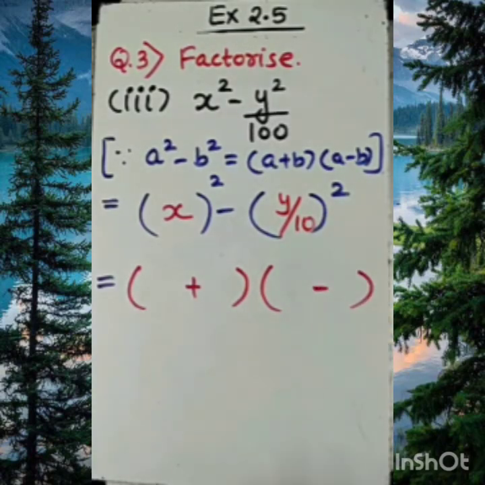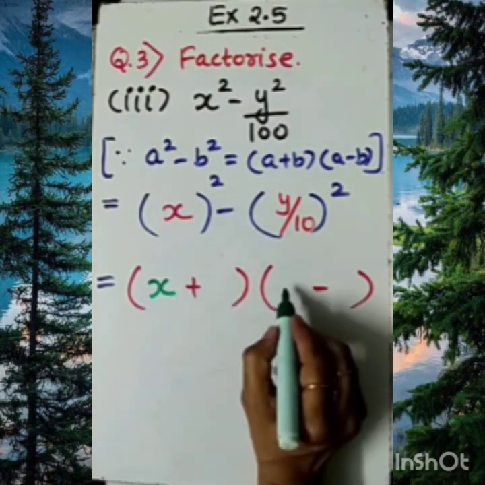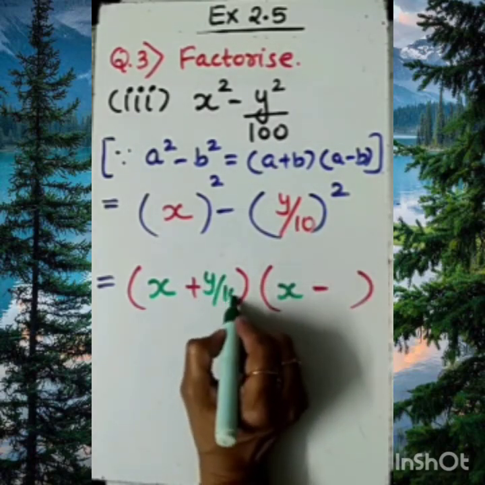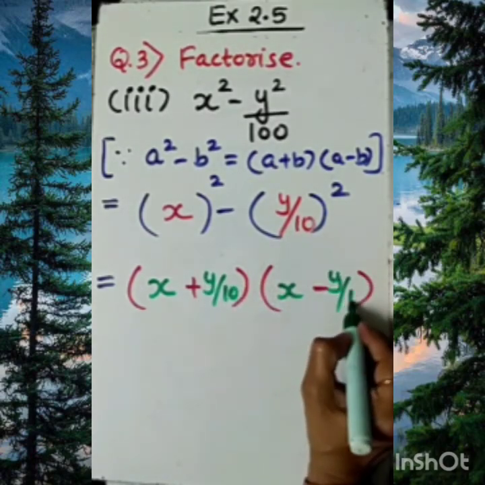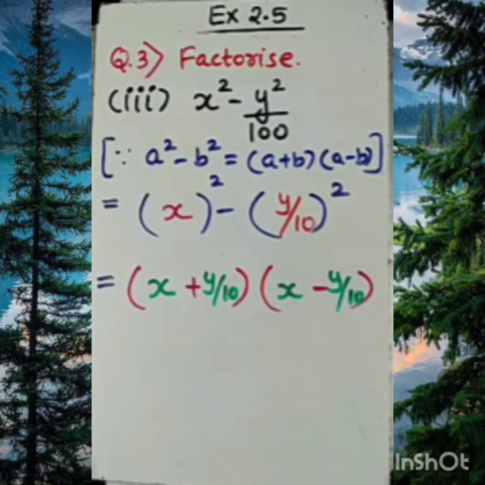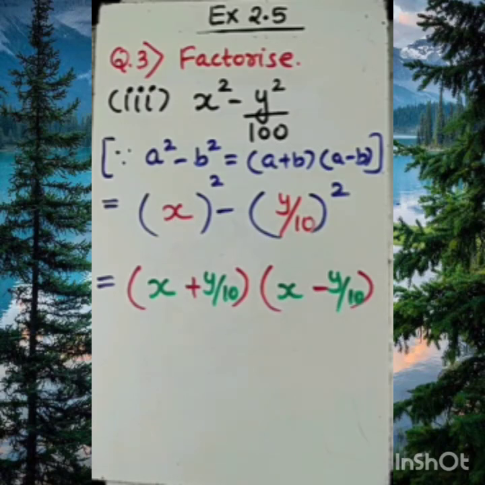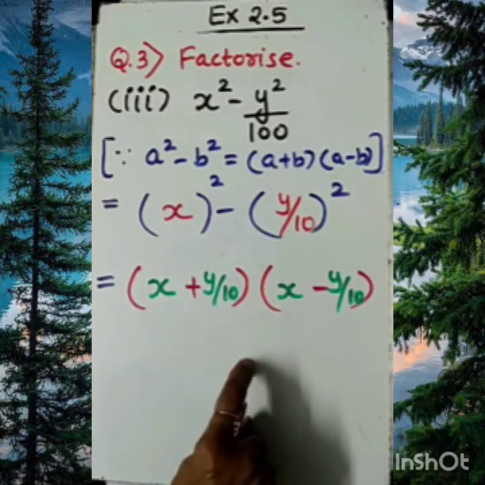What is the first term? That is x only. What is the second term? That is y by 10. So I need to write y by 10 here, and this is also y by 10. So this is our required result of the third question. It's the third part. Its solution is this. Clear to you?